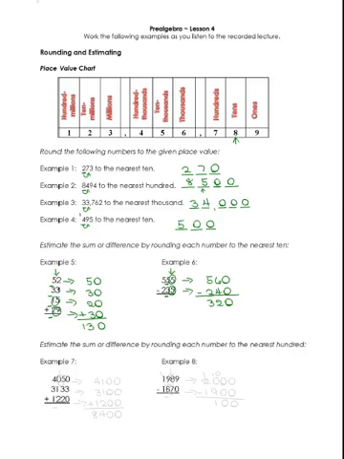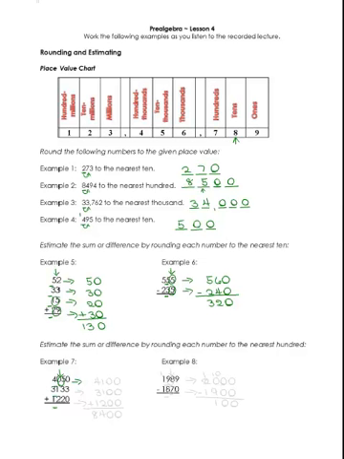All right, let's take a look at estimating the sum and the difference of example 7 and 8 by rounding to the hundreds place. The hundreds place, in example 7, is a 0, a 1, and a 2, and I'm going to look at the digit next to it. The tens column is the only thing that matters to me. So, the only one that I need to round up is the first number.